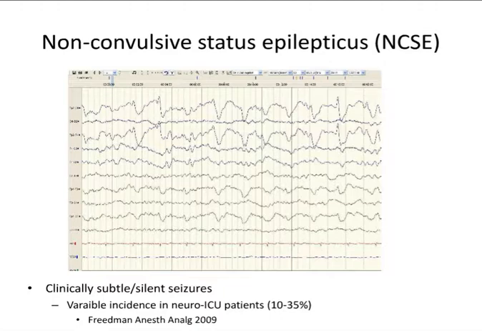And there is a variable incidence of clinically subtle or silent seizures, also called non-convulsive seizures or non-convulsive status epilepticus. And this is an EEG from a lady we had with intraparenchymal hemorrhage, who had a reduced Glasgow Coma Scale, and we performed EEG, and we found exactly this EEG on this lady.